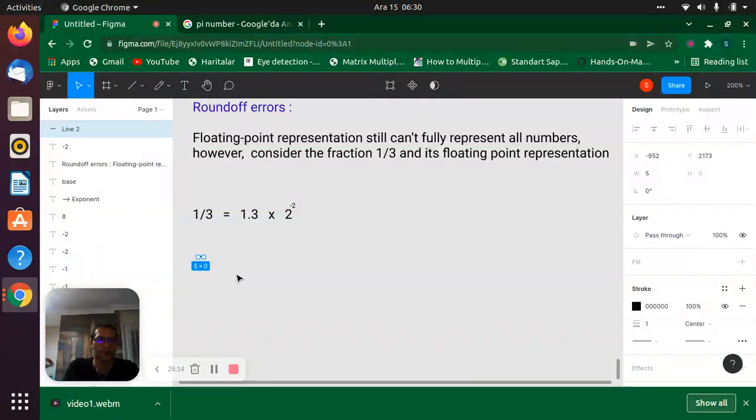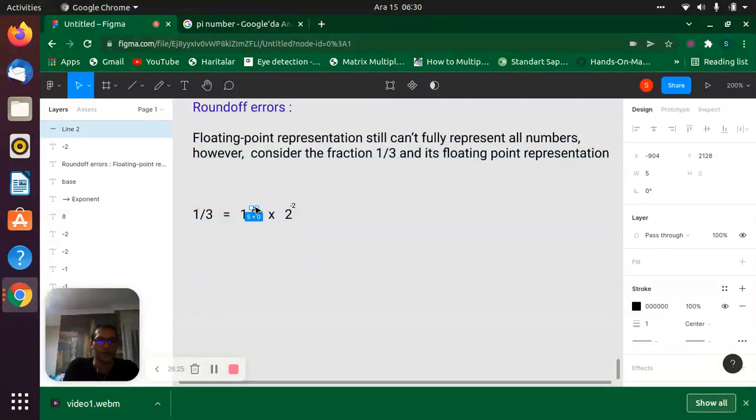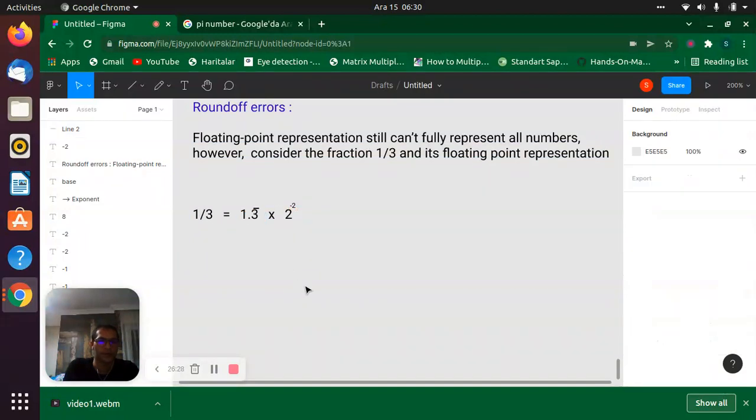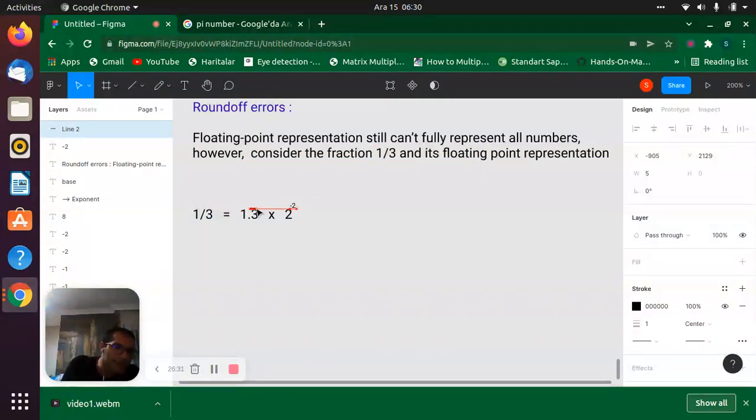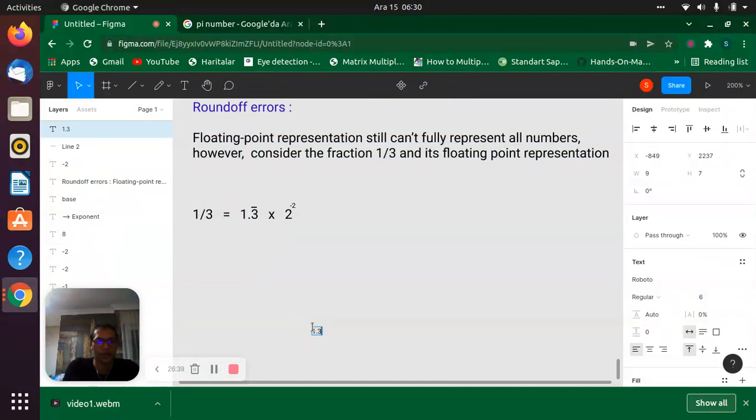There is no place to write, these numbers are going all the time. If you divide 1 by 3, it will give us numbers going all the time like that. But we are just humans, we are just writing 1.3. That's all.